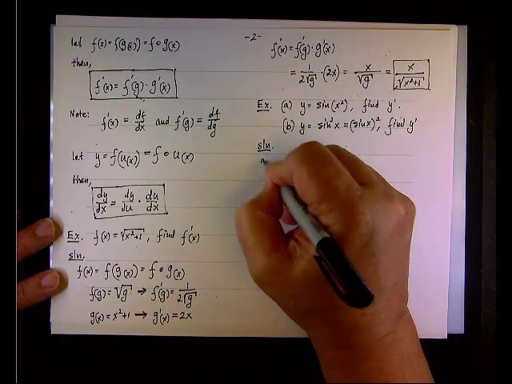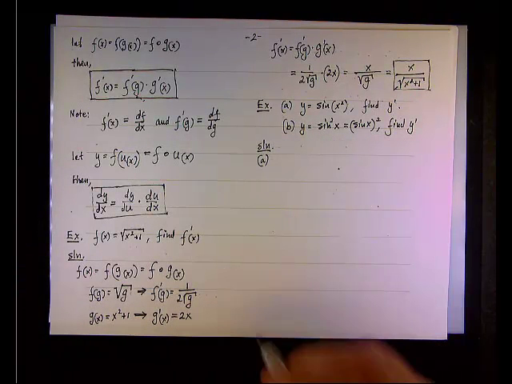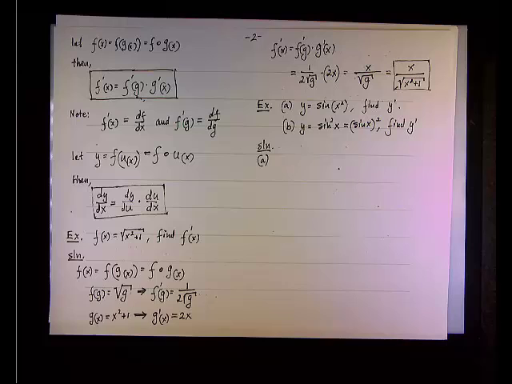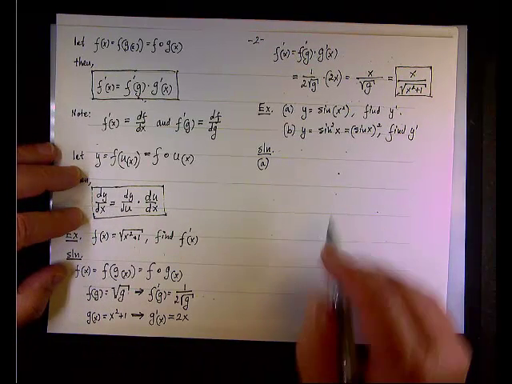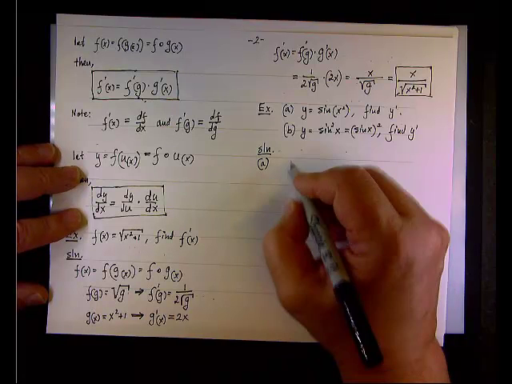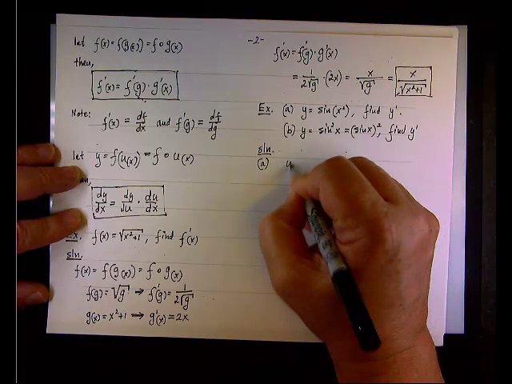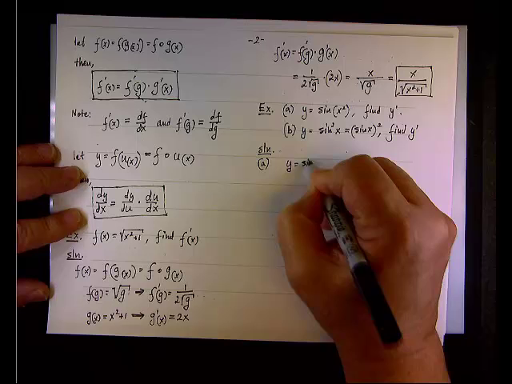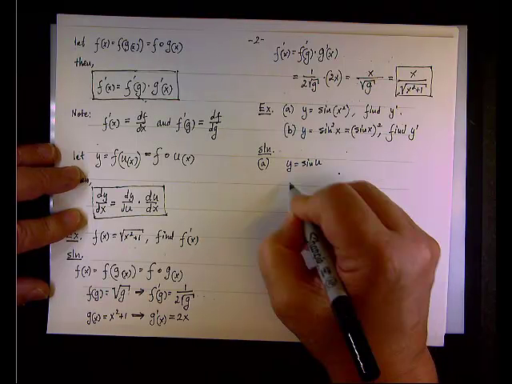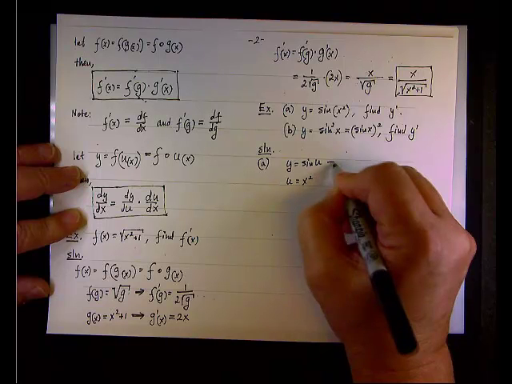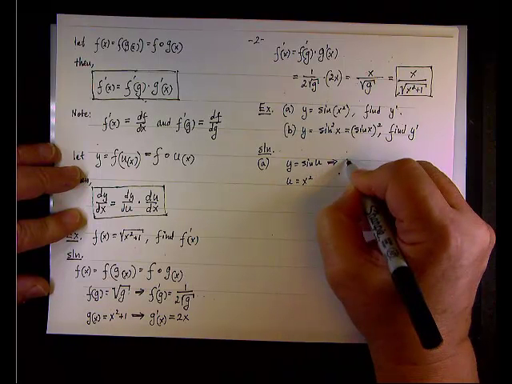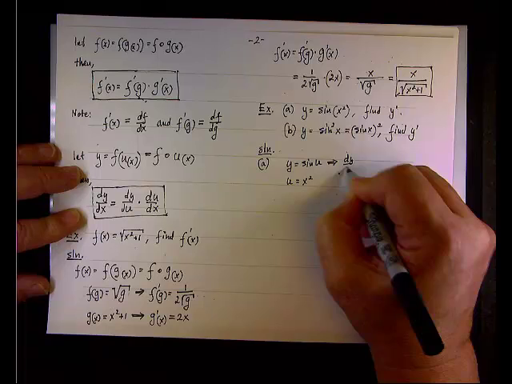So let's solve the first part. And this time I want to use the y-u notation. So I'm going to say that y will be sine of u, while u is simply x squared. So from here we get dy du.